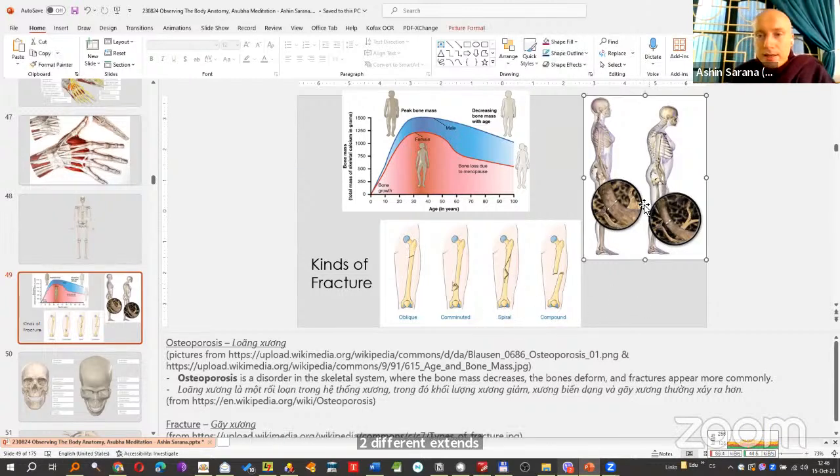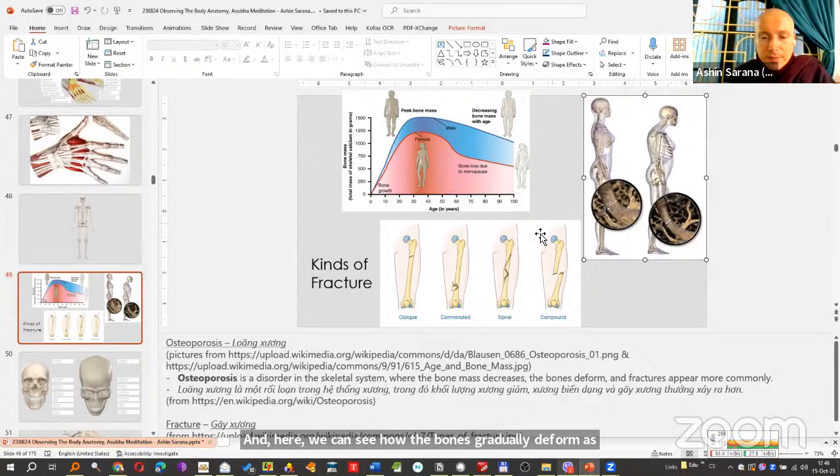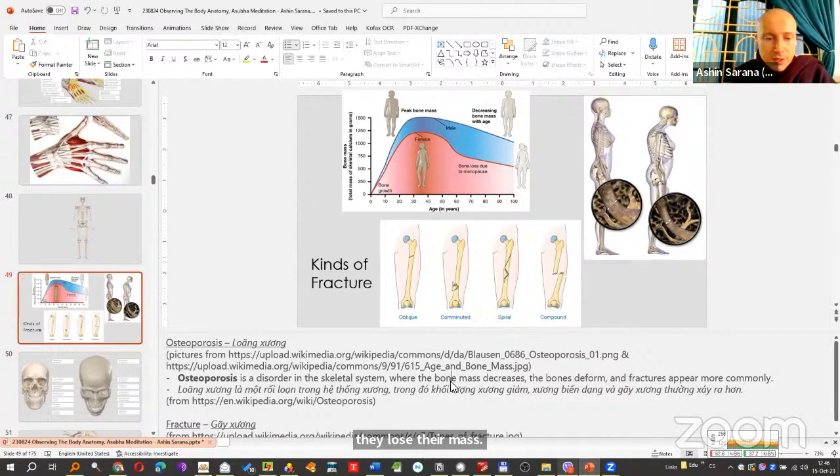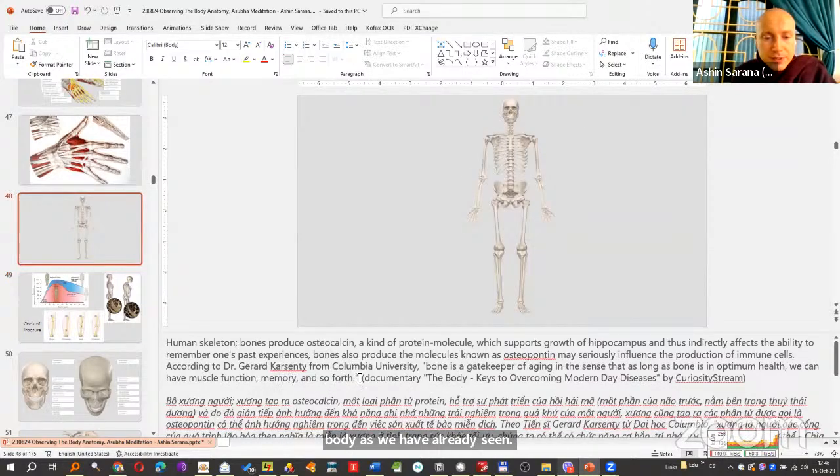And here we can see how the bones gradually deform as they lose their mass when the person is older and older. But it's not just about the mass and about the different shape of the body, as we have already seen from the quote of the doctor from Columbia University.